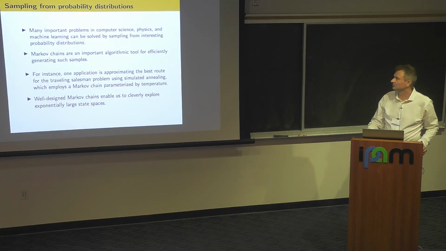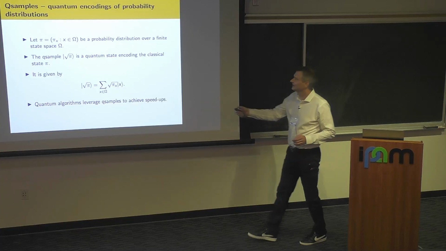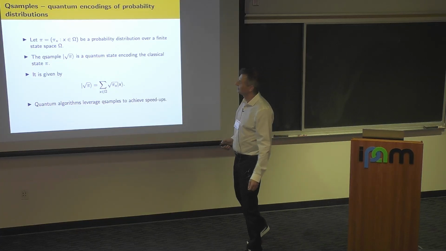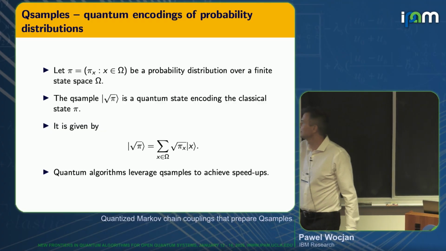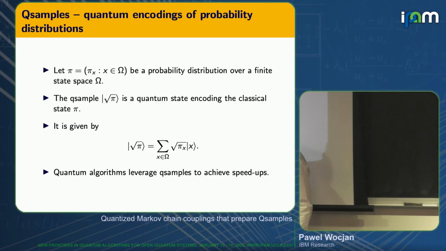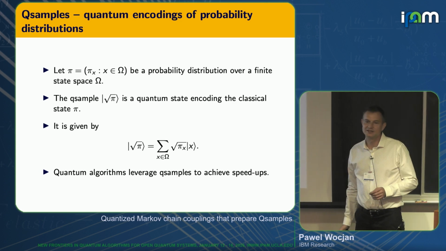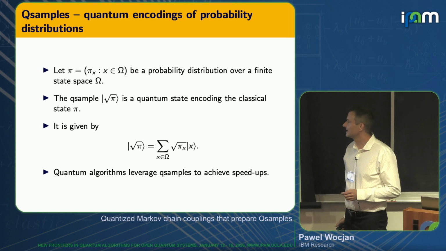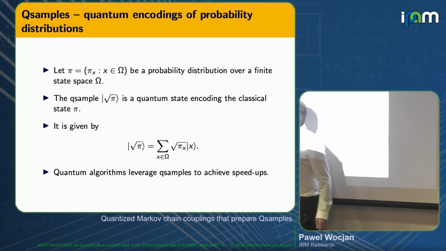Okay, and so let me here talk about Qsamples. Here we have a finite state space omega, and we have a probability distribution over this state space. I call this probability distribution pi.